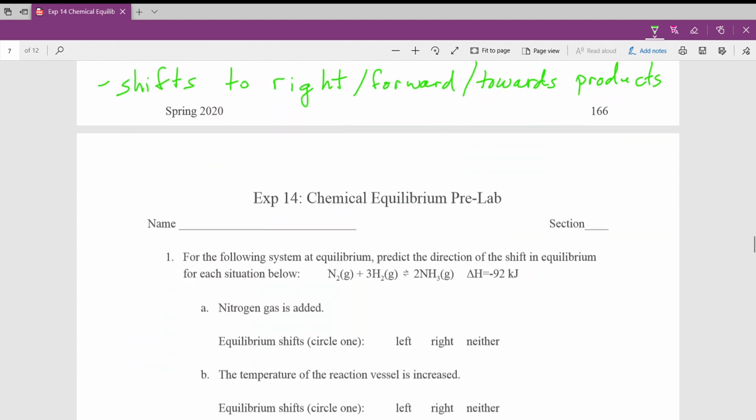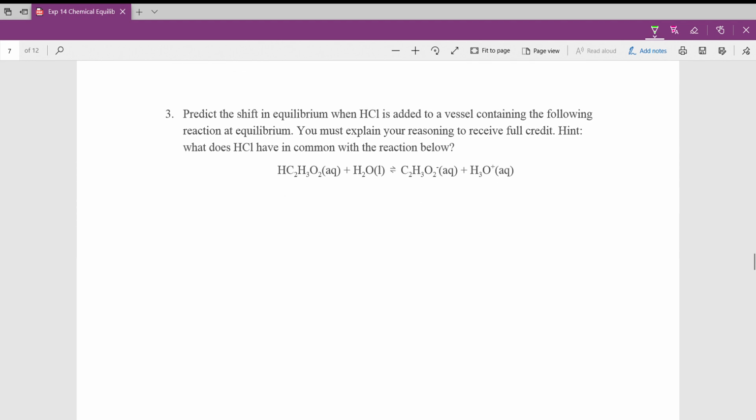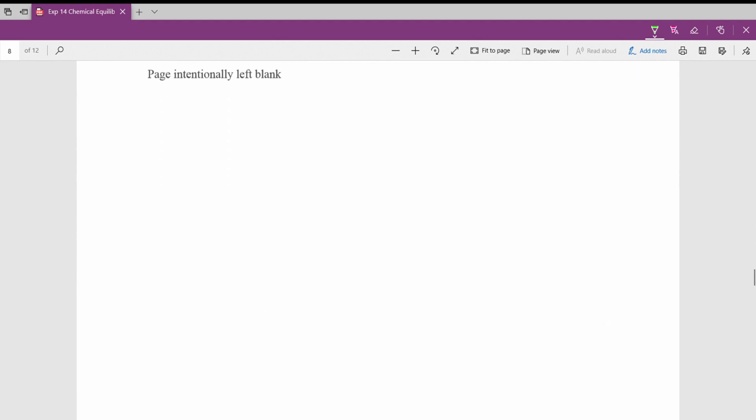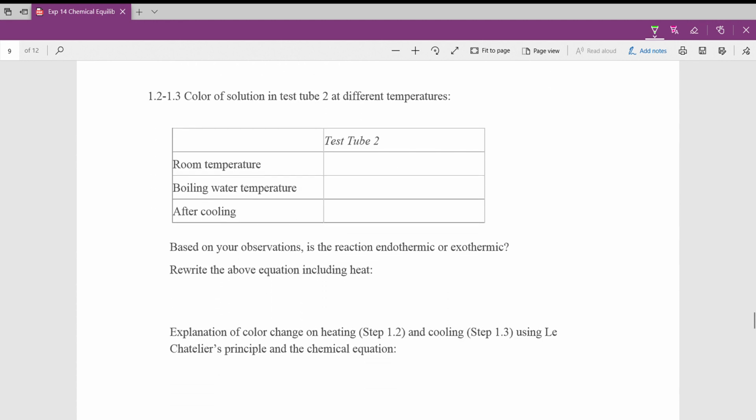Okay, let's scroll through this. Now, I didn't talk about this, so I want to answer it. Heat. Write the reaction above, including heat. If the reaction is exothermic, heat is a product.